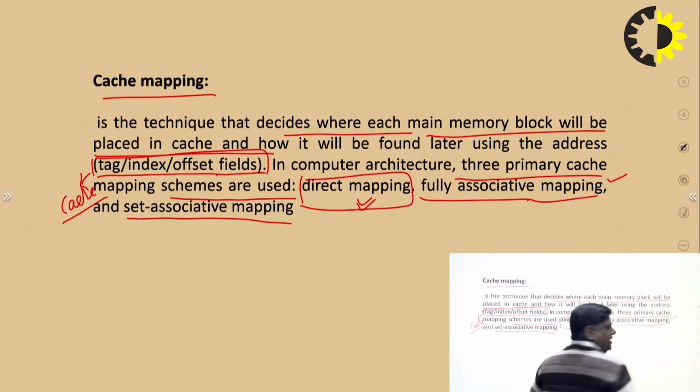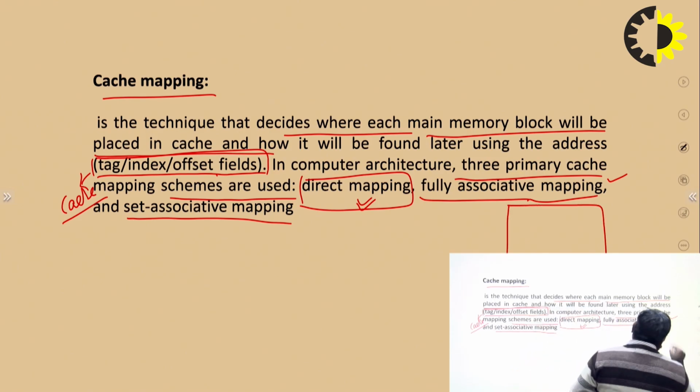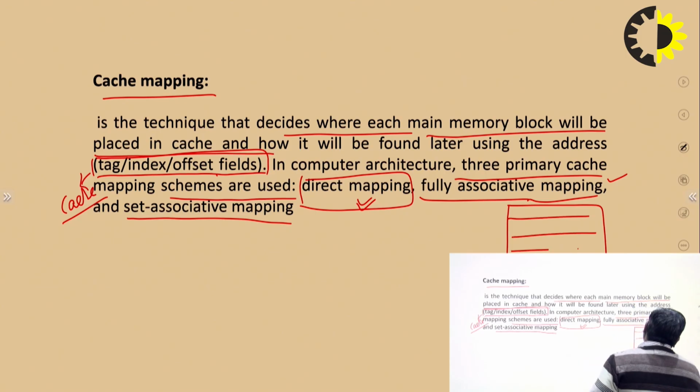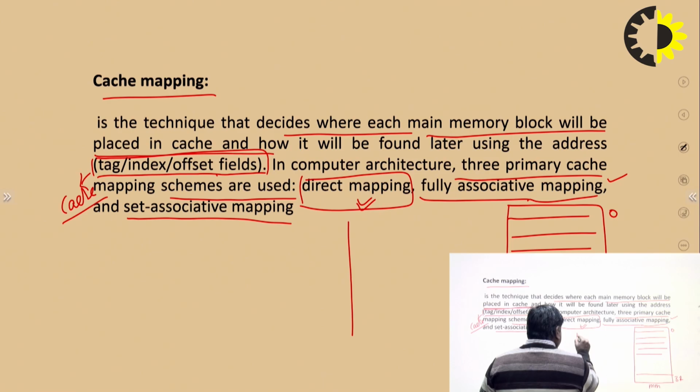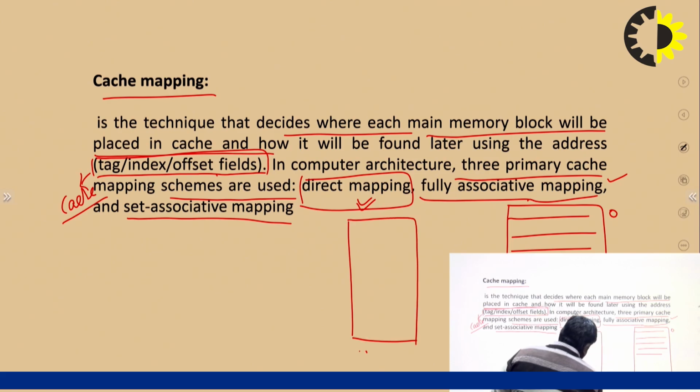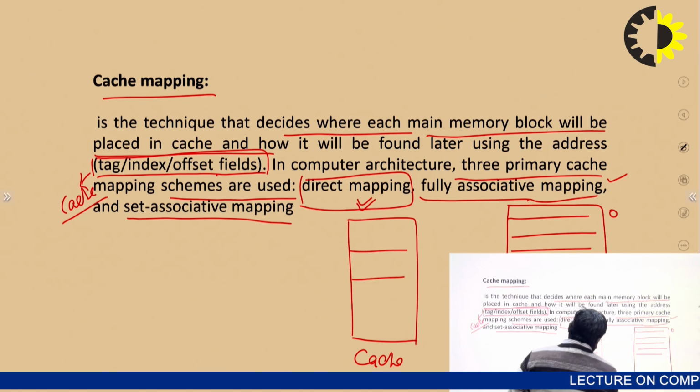Now, first we take a very simple example. Suppose the main memory has a total of 32 blocks, numbered 0 to 31. And the cache memory has 4 blocks.